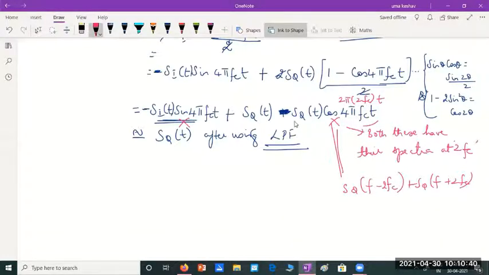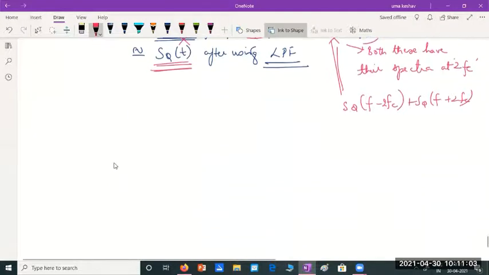So this results in a signal which is shifted or which is present at frequency 2fc. Hence, it will not pass through the low pass filter. Similarly, even this signal will not pass through the low pass filter. The only signal which will be present after the low pass filter is SQ of t. Okay. So any doubts so far?